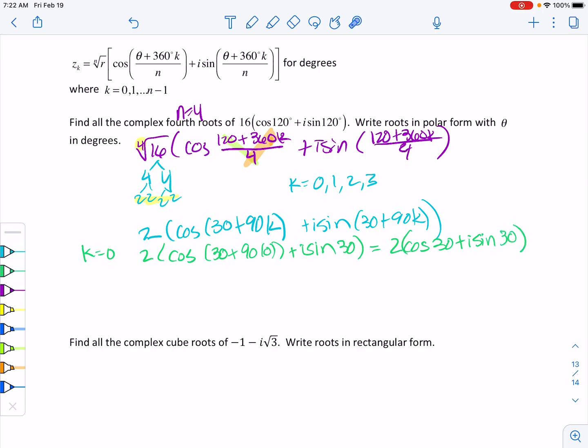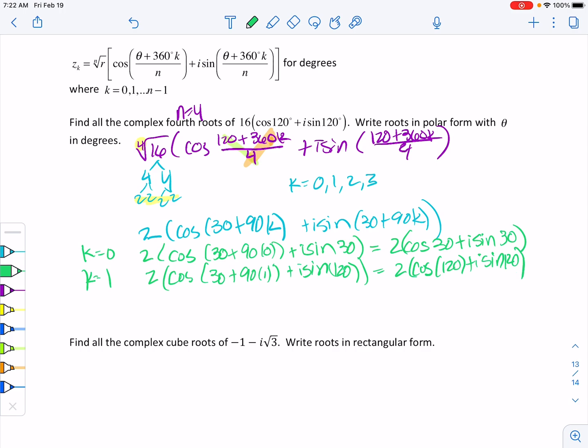Now, when I'm plugging in k equals 1, I'm going to do 2 cosine of 30 plus 90 times 1 plus i sine of the same thing. Here, 90 times 1 gives us 90, and then we add 30 to 90, which gives us 120. So then this is really 2 times, forgot a parenthesis here, cosine of 120 plus i sine of 120.